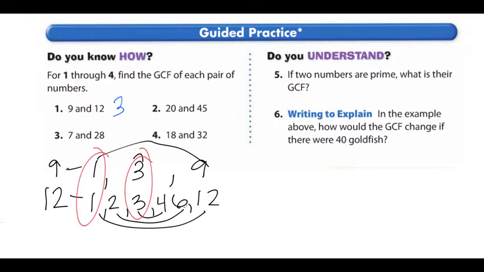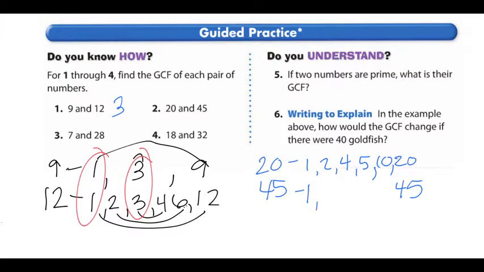All right, let's look at number 2, 20 and 45. This one will take a little bit more. All right, so I'm going to list out all the factors for 20 and 45. We've got 1 and 20. We've got 2 and 10. Okay, and then I know 4 times 5 is 20. Okay, and then for 45, I've got 1 and 45.